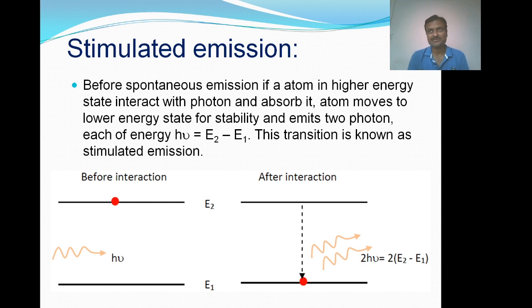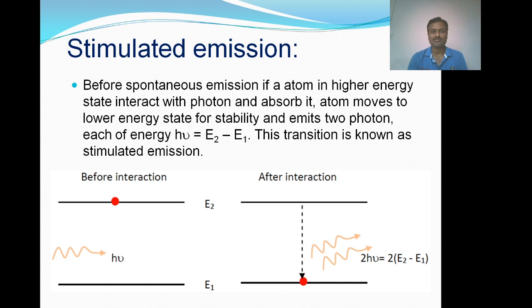Due to their transition, 8 photons will emerge. This emission of photons increases very rapidly due to the multiplication factor, and within a very short time period a very large amount of energy is released. Such emissions are called stimulated emission, and the working of laser is based on stimulated emission.